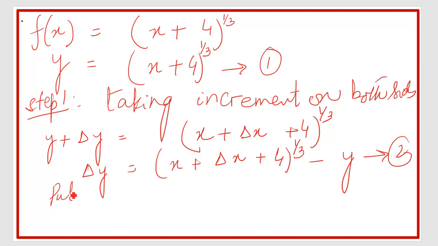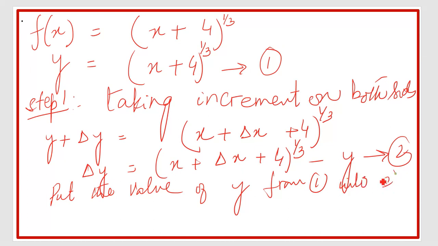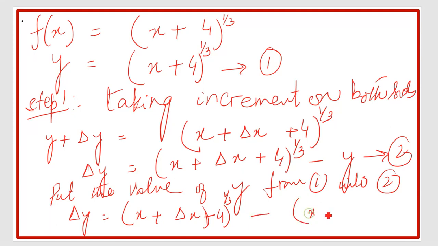It is necessary to write down and put the value of y from equation 1 into 2, so the examiner can see where you are putting this value. So x plus delta x plus 4, whole power 1 over 3, and then negative, instead of y we write (x plus 4) whole power 1 over 3.